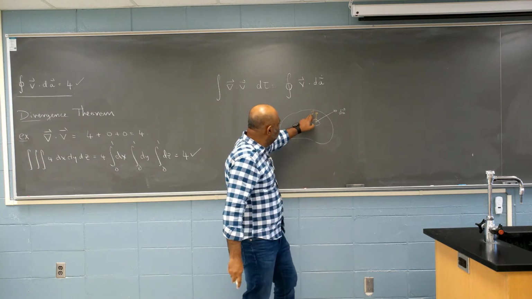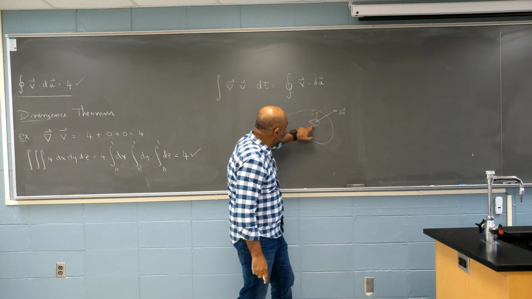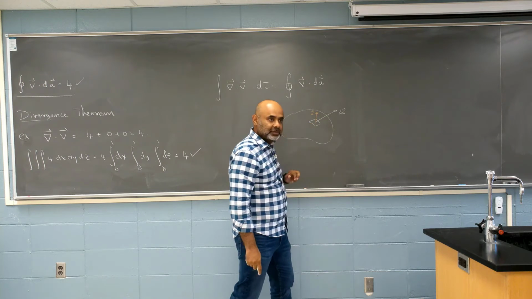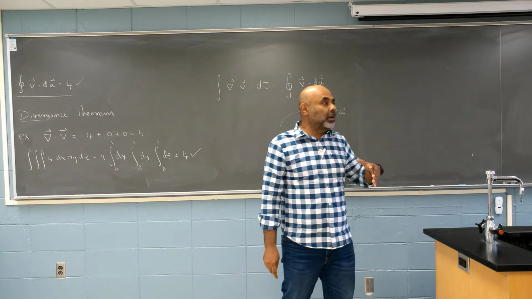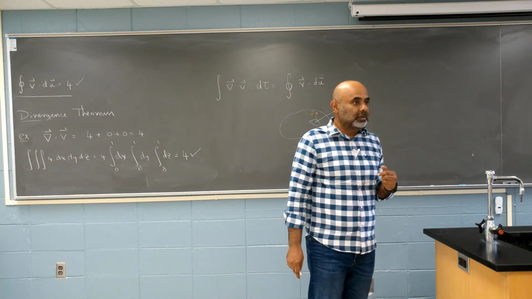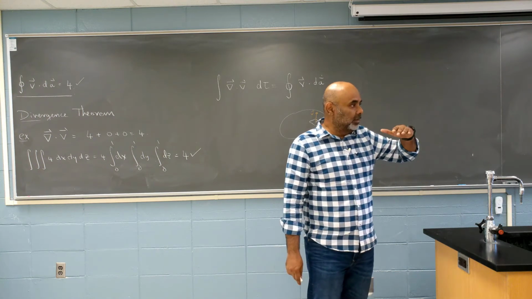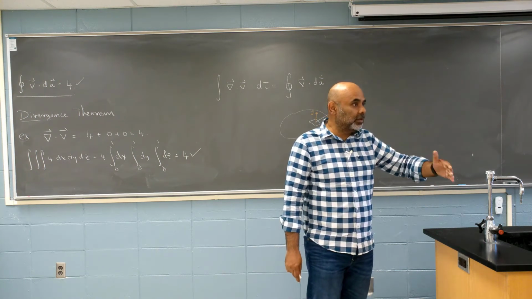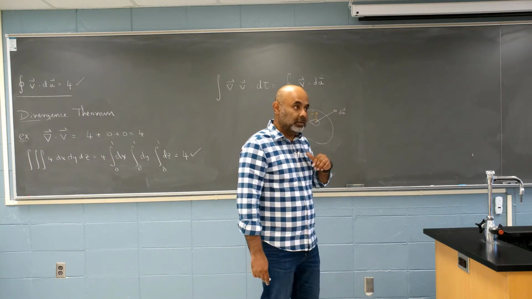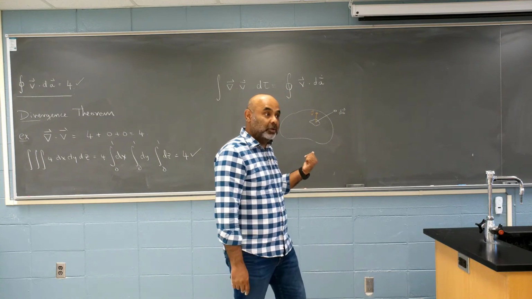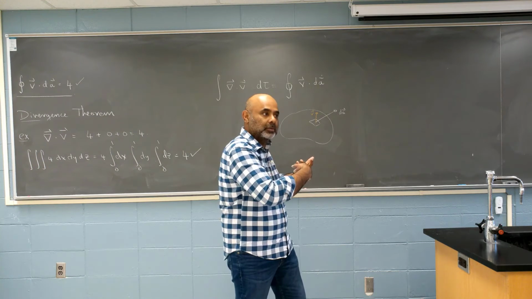So when I do V dot dA, it's the amount of V flowing out of the surface. If V is a vector field that describes flow of rain, and your windshield is the surface you're talking about, say your front windshield, then V dot dA really determines the amount of rain that falls into your car, if you pick the inward normal.